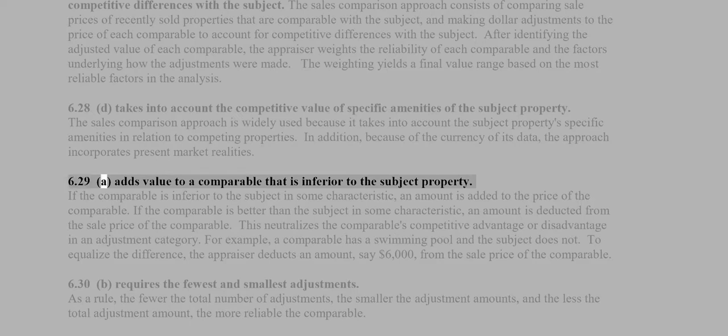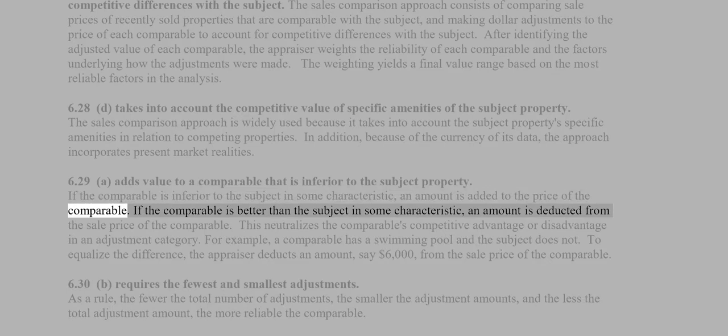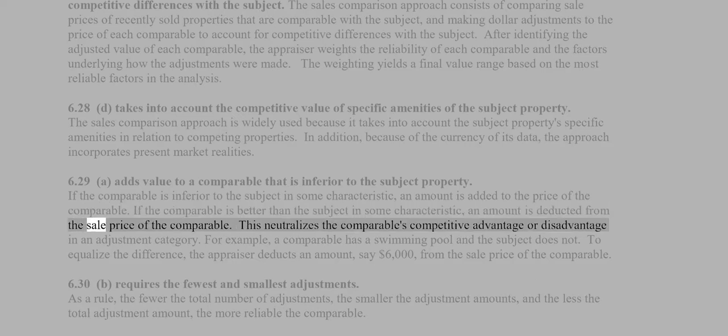6.29 A adds value to a comparable that is inferior to the subject property. If the comparable is inferior to the subject in some characteristic, an amount is added to the price of the comparable. If the comparable is better than the subject in some characteristic, an amount is deducted from the sale price of the comparable.